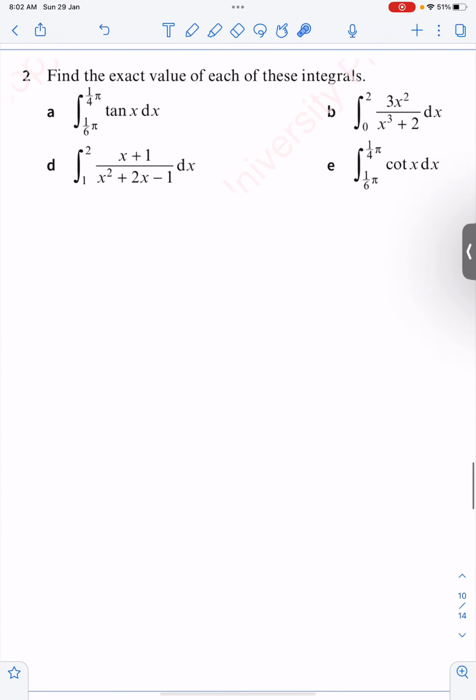Moving on to these questions where you had to find out. I've done a similar question like this one. I'm doing this part here, question number 2. It's x plus 1 upon x squared plus 2x minus 1.